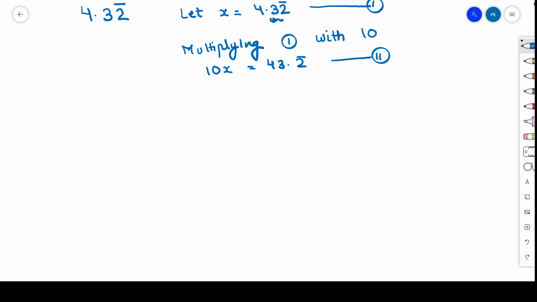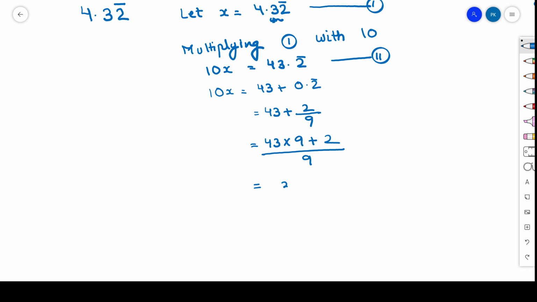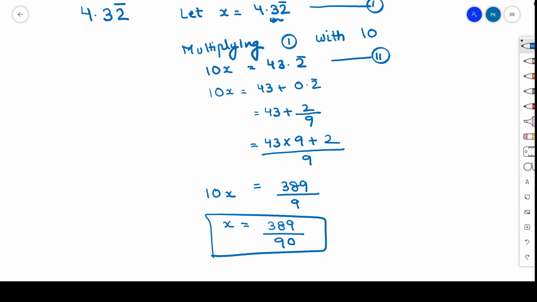43.2 bar. So 10x is equal to 43 plus 0.2 bar, which means 43 plus 2 by 9. This gives us 43 into 9 plus 2 divided by 9, and hence 10x is equal to 389 by 9, which implies x is equal to 389 by 90, and this is your answer.